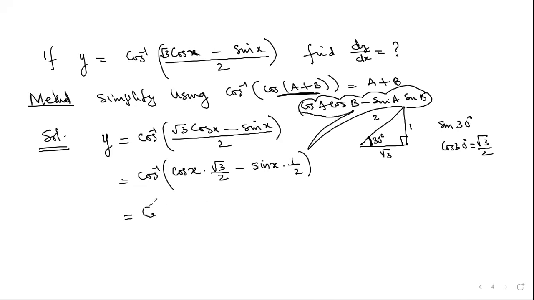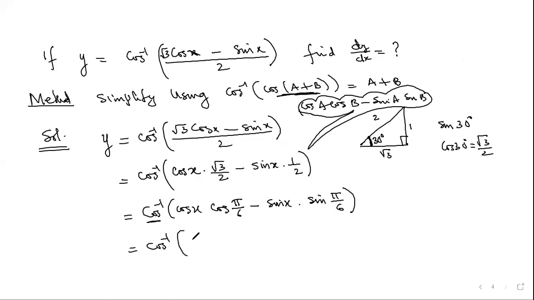So I will be writing here cos inverse of cos x into cos pi by 6 minus sin x into sin pi by 6. Is it fine? Did you notice that this time, because outside is cos inverse, I need to make it into the cos formula, and the cos formula has cos A cos B, sin A sin B. Yes, Keval, your answer is perfectly right.